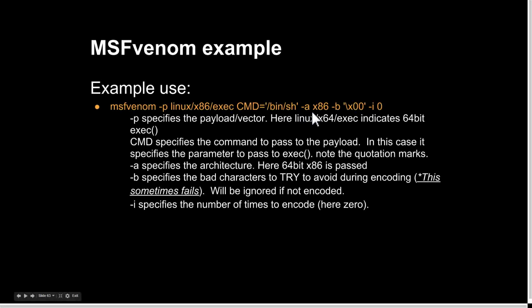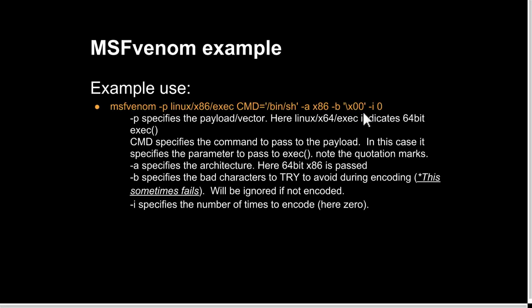-a here specifies architecture. I think it actually may be redundant in this case because it's specified there. -b specifies the bad bytes to avoid. Almost always 00 should be specified.